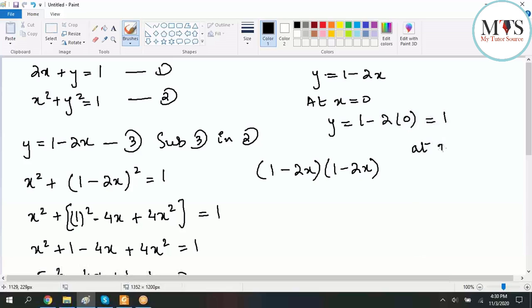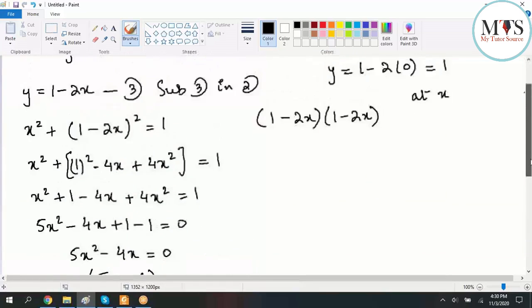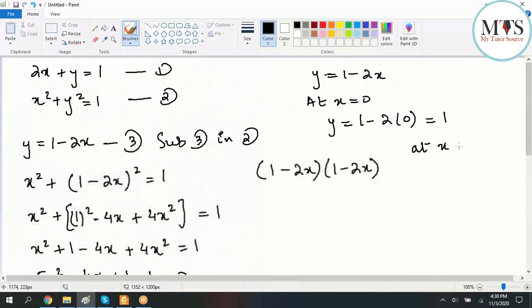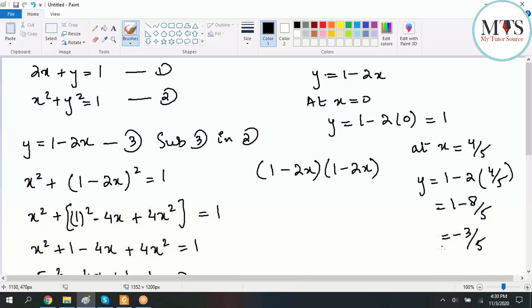And at x equals positive 4 by 5, y is 1 minus 2 times 4 by 5, which is 1 minus 8 by 5, which is negative 3 by 5. Okay. So these are the corresponding values of y for those values of x. Does it make sense? Yeah, yeah.